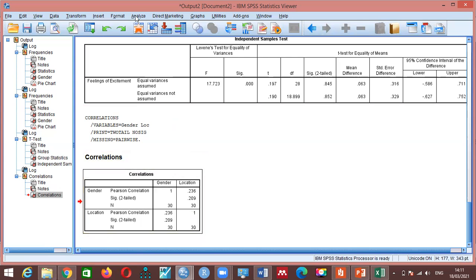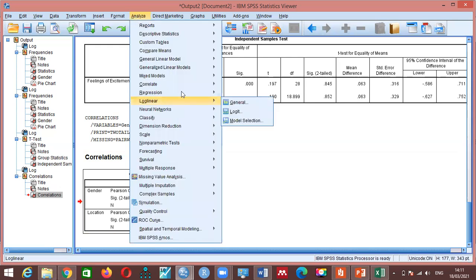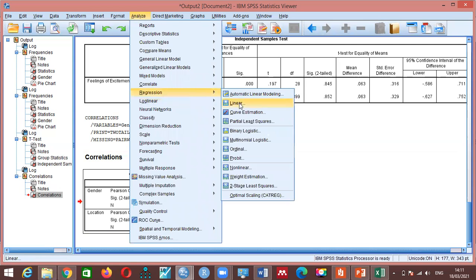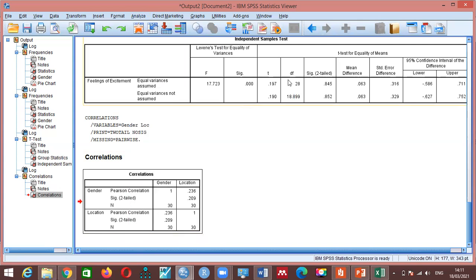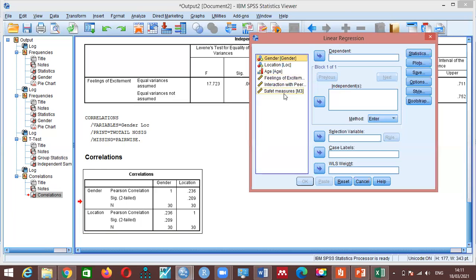Okay, if you want to run a regression, let's say I want to do a linear regression. Remember we said there are different types of regression. So let's say we want to use a linear regression and see the effect of the age of the student on the feeling of excitement.